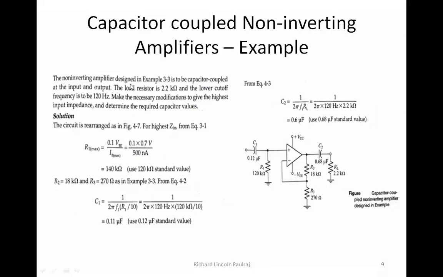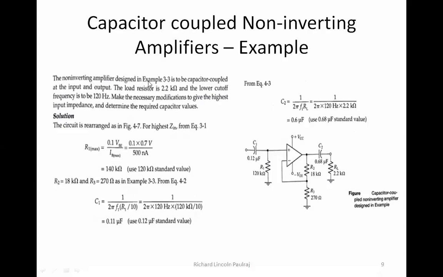So the non-inverting amplifier, which was designed in the previous example, is to be capacitor coupled. Now remember, in the previous circuit we didn't have these coupling capacitors, but now we are going to include these coupling capacitors, and we are going to make some changes to it, right?